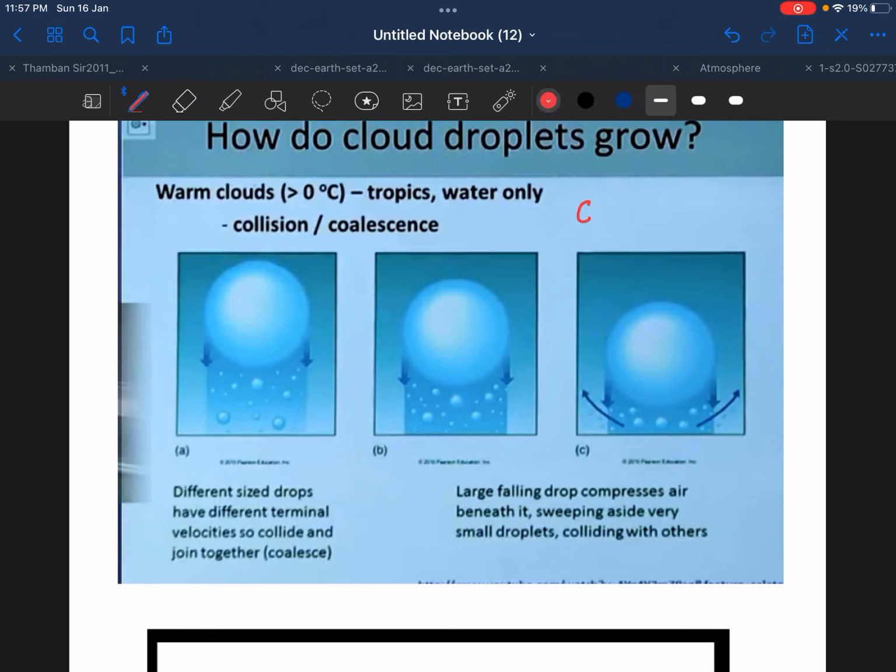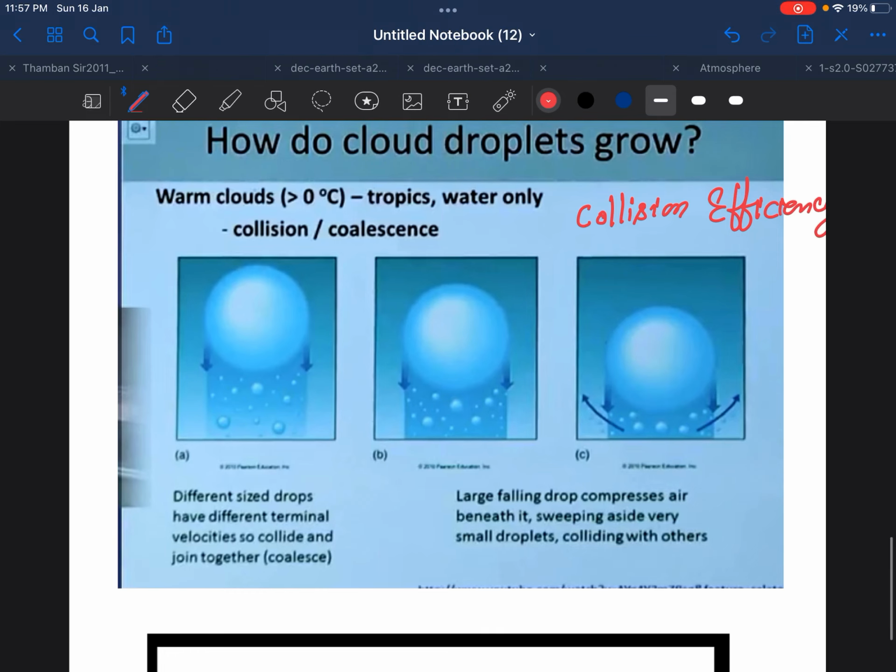So here you should know a term called collision efficiency. Collision efficiency is nothing but the percentage of droplets that successfully collide with the collector drop. So those droplets which collide with this collector drop, the percentage of that is called collision efficiency.